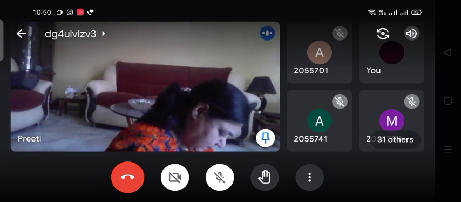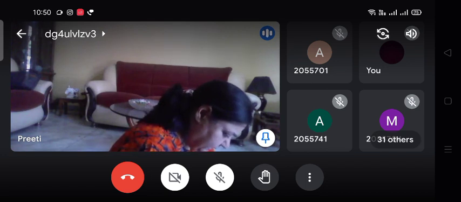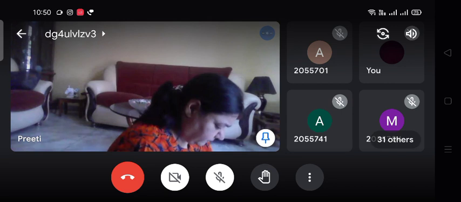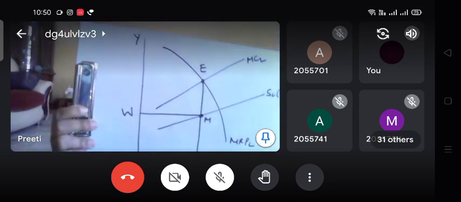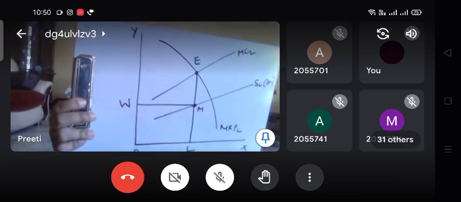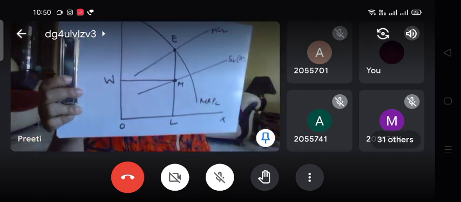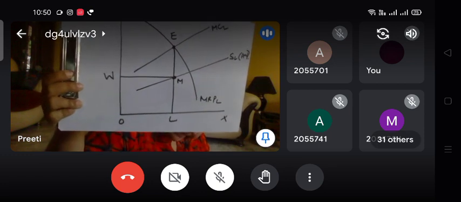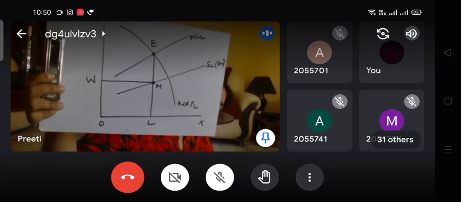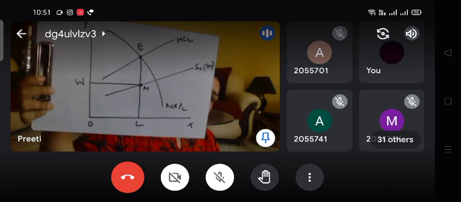Equilibrium is at E. This is the labor that is being employed. Let's call this point M, call this point W. And we make this diagram. On the OX axis take labor, and on the OY axis take wages and marginal revenue productivity.